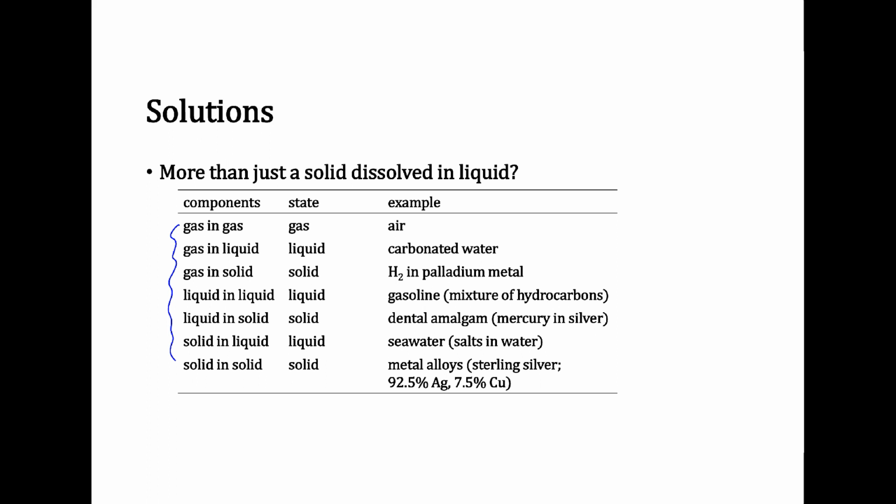You can have gas and gas, liquids and liquids, solids and solids, and there are examples of all of these. What we're going to tend to focus on would be solids and liquids, liquids and liquids. We may talk about gases and gases, but we'll look at gases and liquids and the effect that temperature has on their solubility. But here's a list of some examples of these different types of solutions.